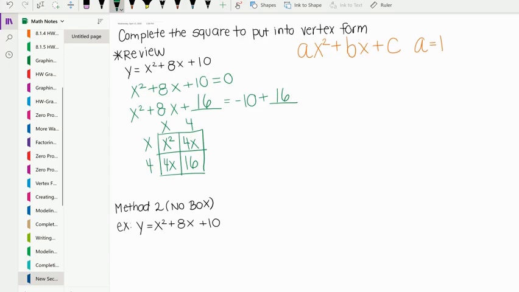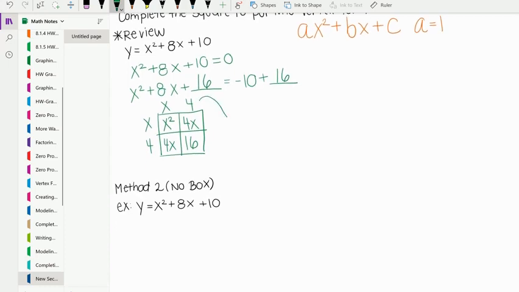Okay, so from there you're going to factor the x squared plus 8x plus 16, which we already did. So you take these, which would get x plus 4 squared equals 16.